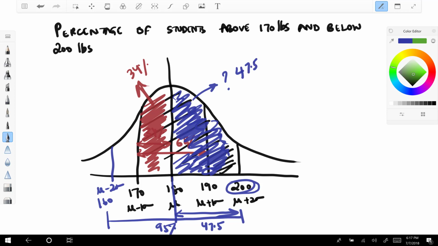So the entire area would be the sum of this and this, which is 34% plus 47.5, which is 81.5.